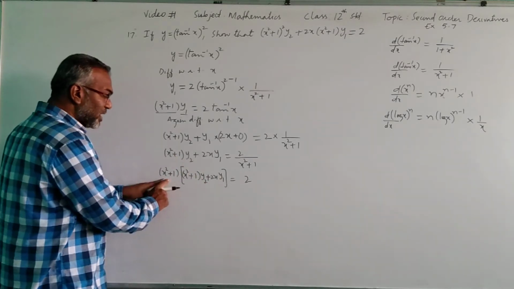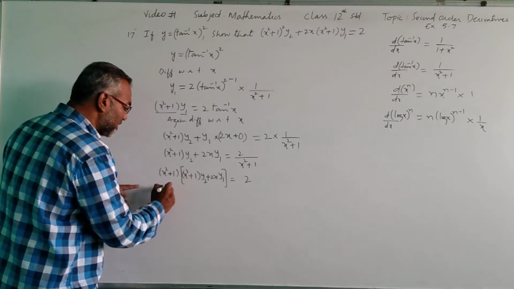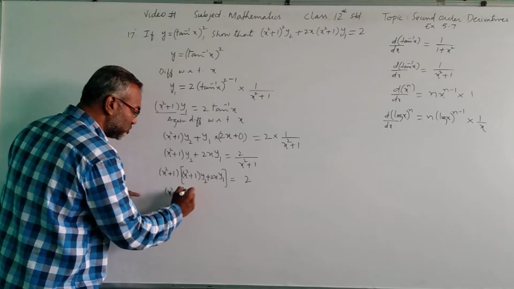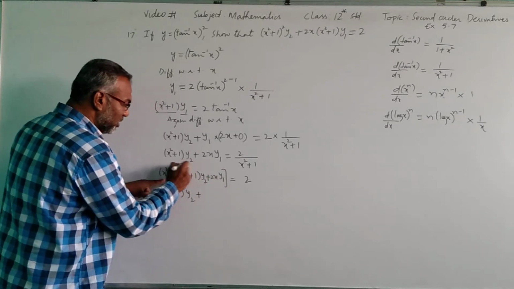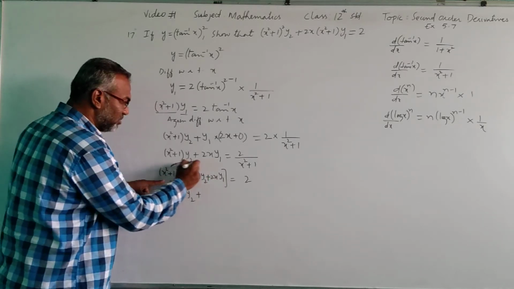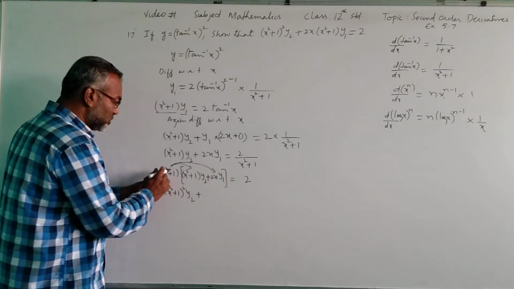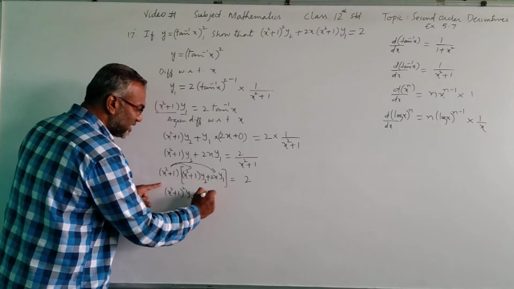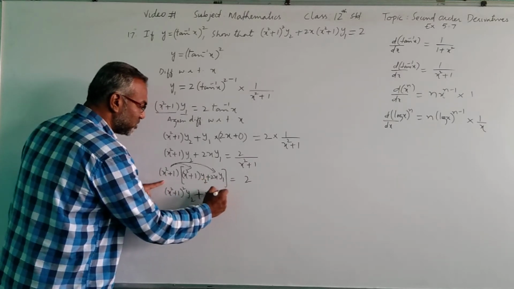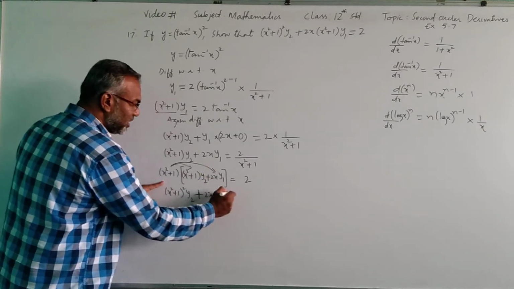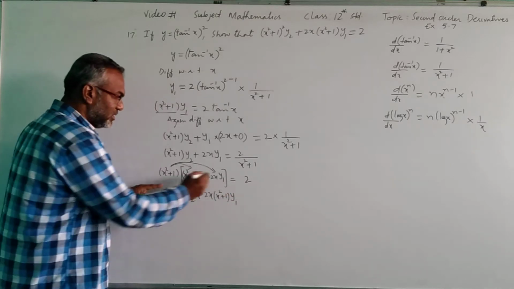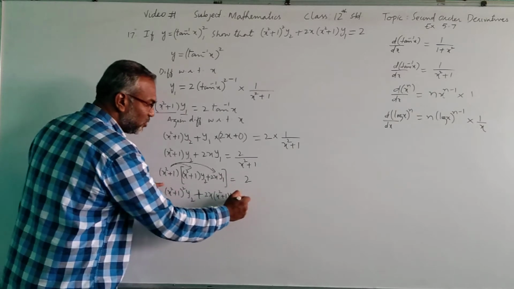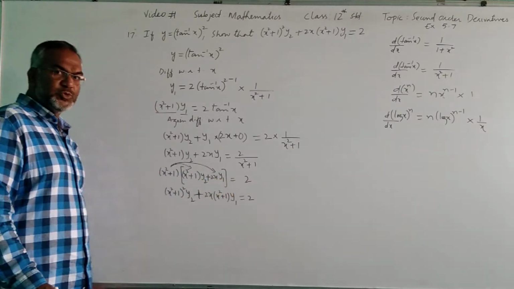So this will become x square plus 1 into x square plus 1, x square plus 1 whole square y2 plus this multiply to this is over. Now this will multiply to this also. So it will become plus 2x into x square plus 1, this multiplied here into y1, is equal to, what is left here? 2.